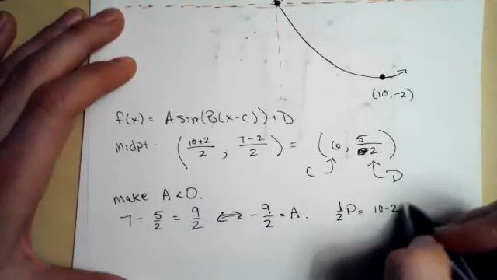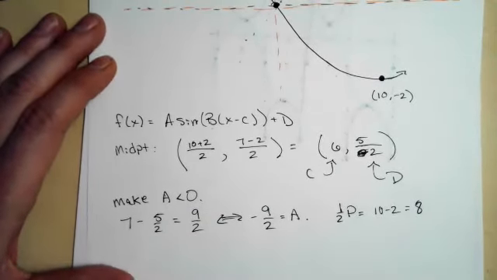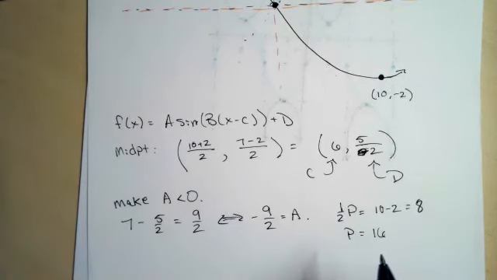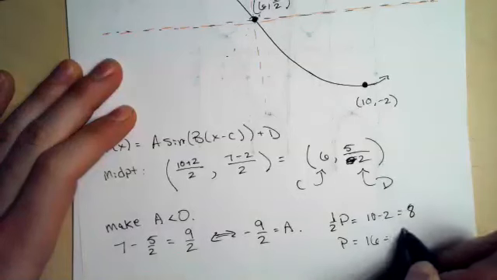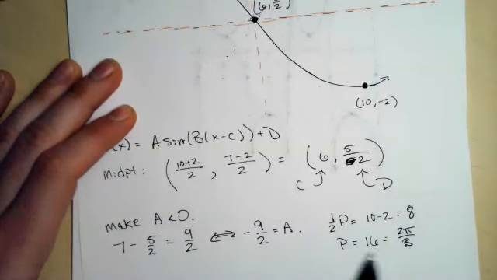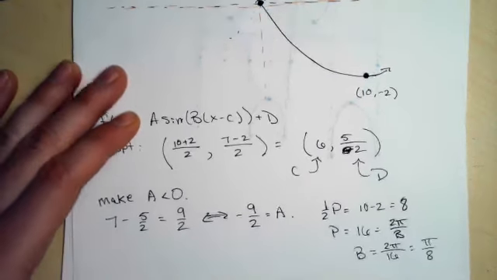We go a distance of 8 units. In other words, the period is 16. So if the period is 16, the period should also be 2 pi over b. Multiply the b over, divide by 16, and we get that b should be pi over 8.